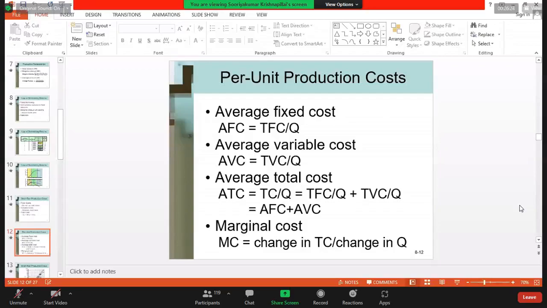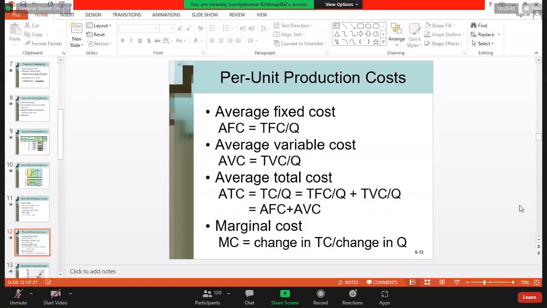Next, average variable cost, the variable cost per unit of product. If we divide total variable cost by the total output, we get the variable cost per unit of product. That is average variable cost.